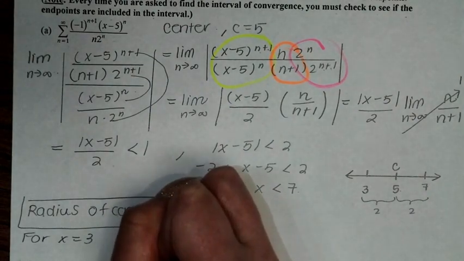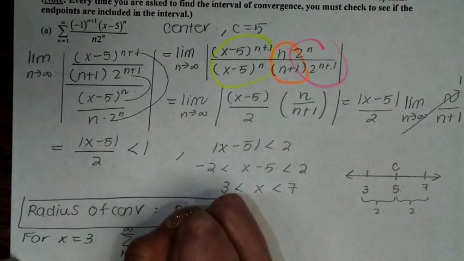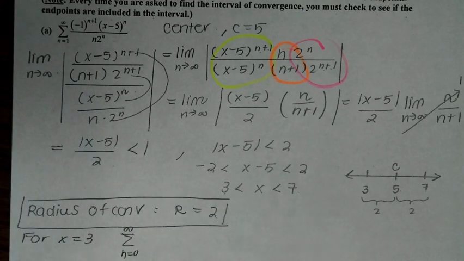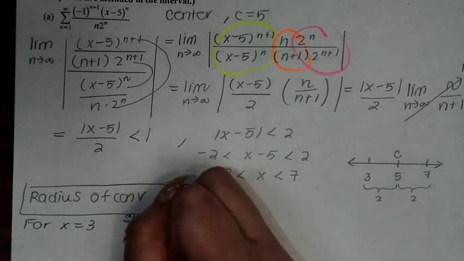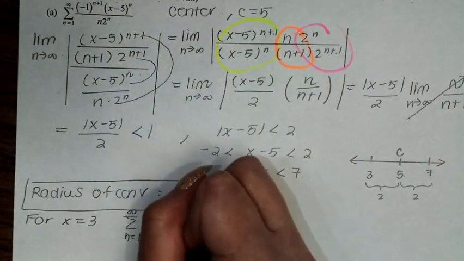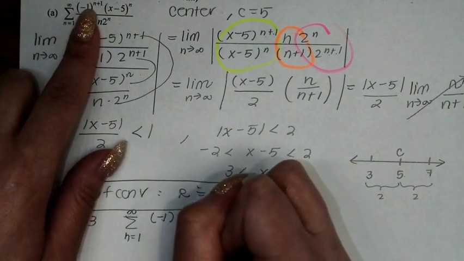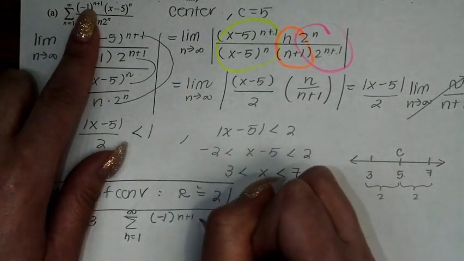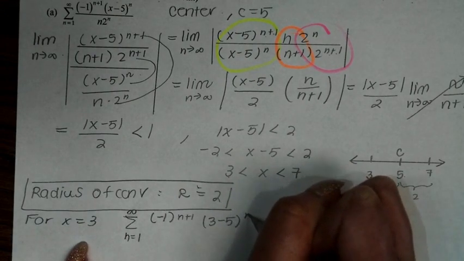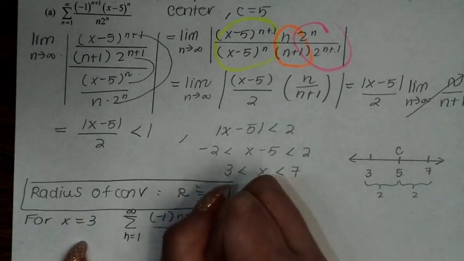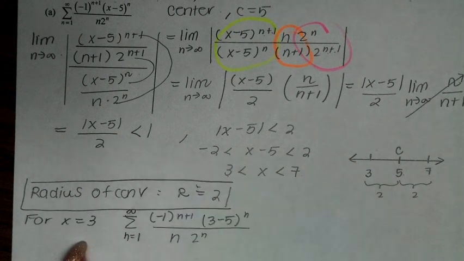You have the summation of n equals 1, excuse me, not 0. Let me erase it because that's not correct. Okay, it's 1, right? To infinity. And then you have the negative 1 to the power of n plus 1 times, and then you are going to put the 3 minus 5 power n and everything divided by n, okay, like this.